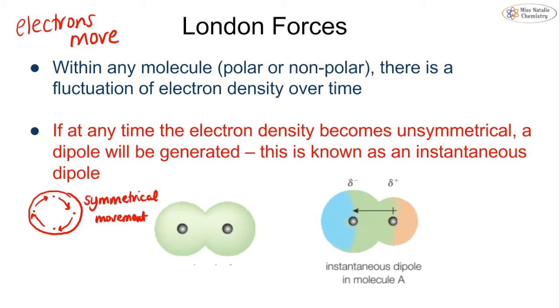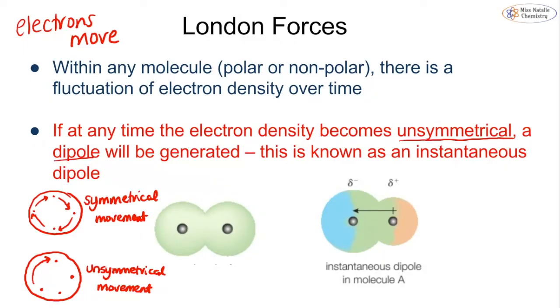Now, in reality, this doesn't happen. In reality, what actually happens is the electrons become bunched up, a bit like that. So I've got this open space here, and we get this unsymmetrical movement. And when this electron density within the atom becomes unsymmetrical, we form a dipole.